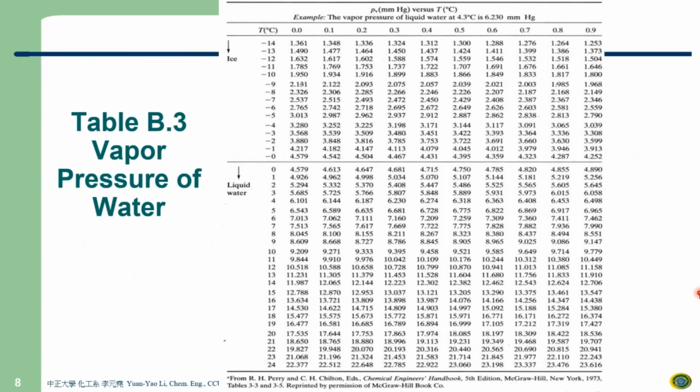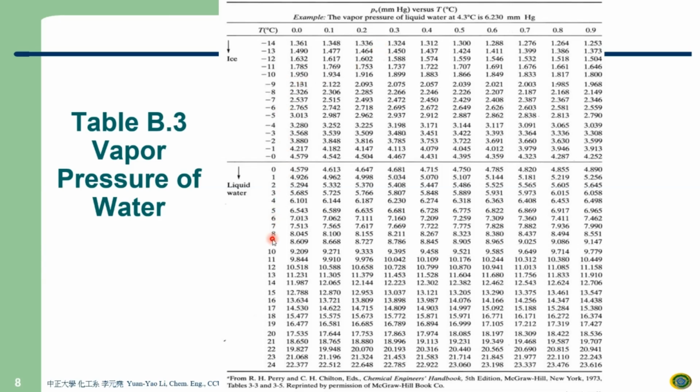So this is the table you can find in your textbook. As you can see, this is temperature, and this is the related partial pressure, but we use millimeter mercury as a unit. For example, this is 0, and this is minus 14.0, minus 14.1, minus 14.2, okay?